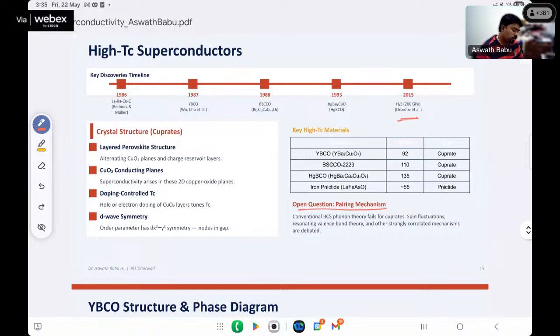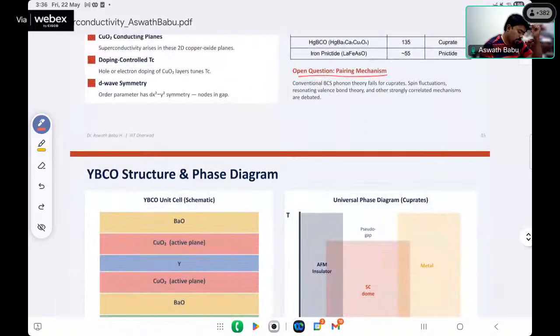Why we are not able to see superconductivity at room temperature may be due to the spin fluctuations and the resonating valence bond phenomena that the theory proposes, which play a vital role. That is where resistance actually creeps in.